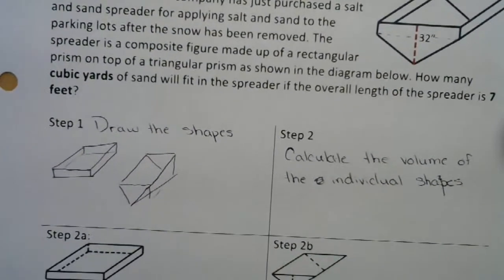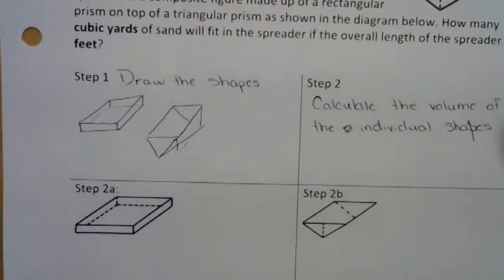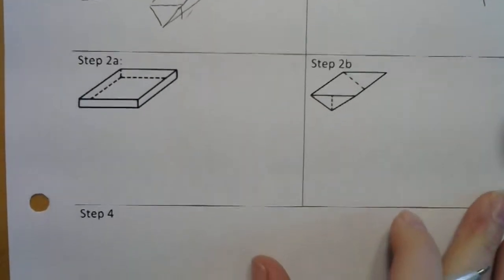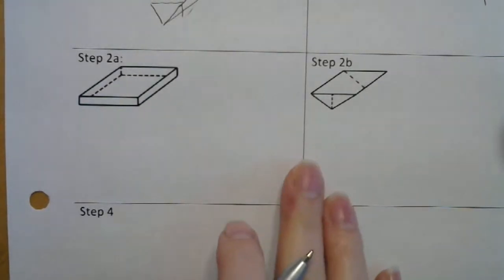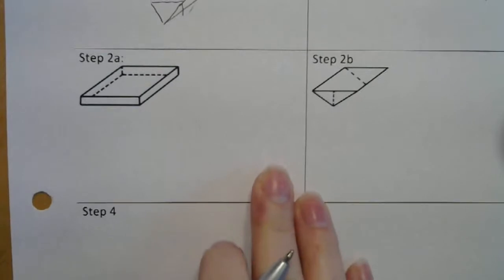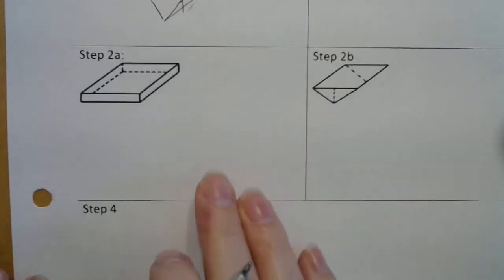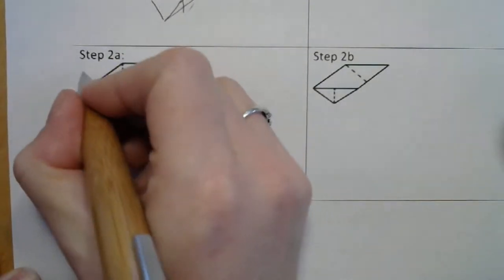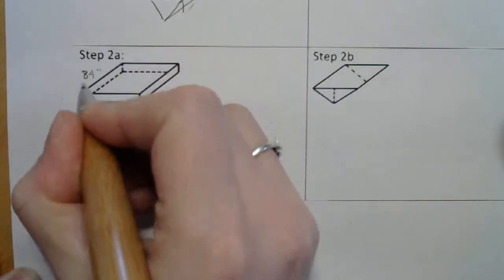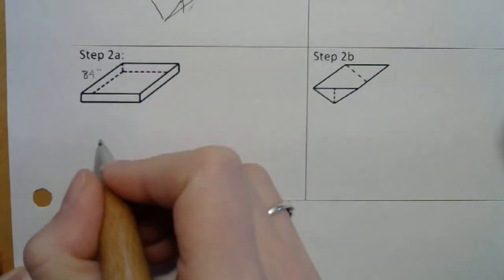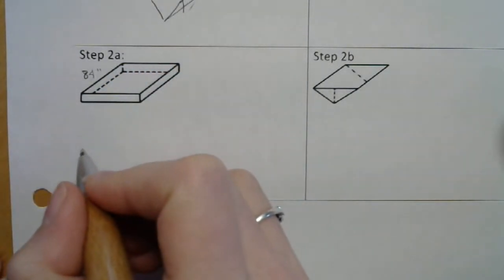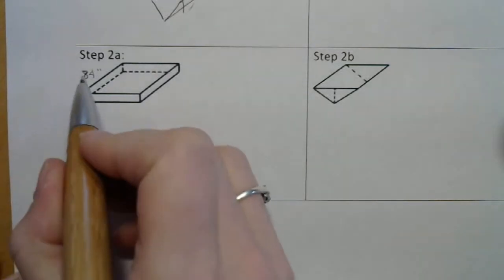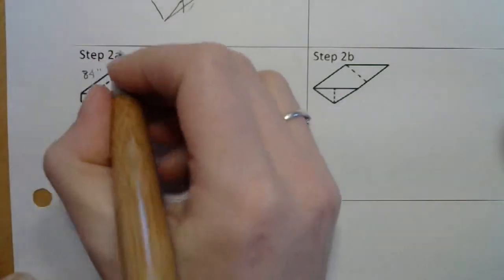Taking step 2 into consideration, these ones are much better drawn. And if yours look like mine, that's fine. Step 2A: now we need to include all of our lengths. This is, I think, 84 inches. Yes, 7 feet is 84 inches.